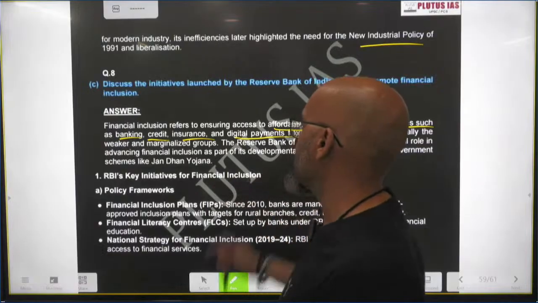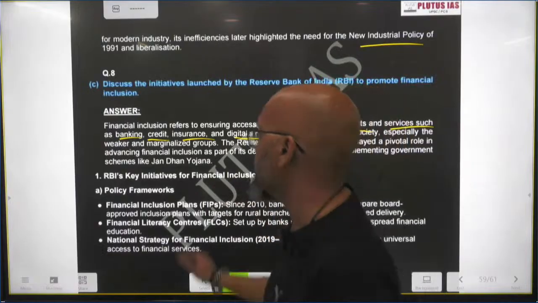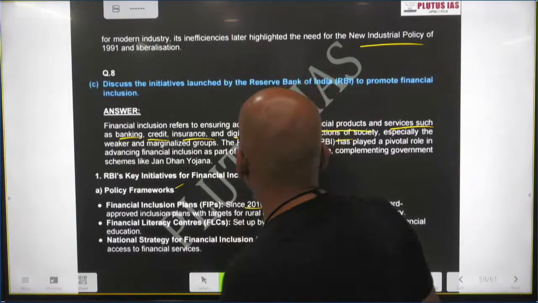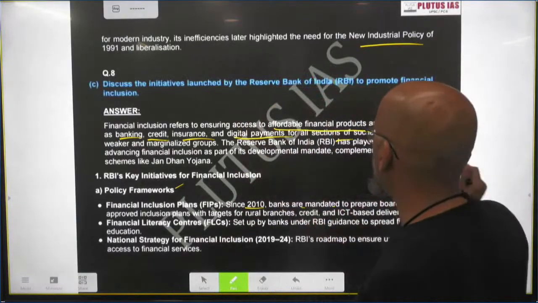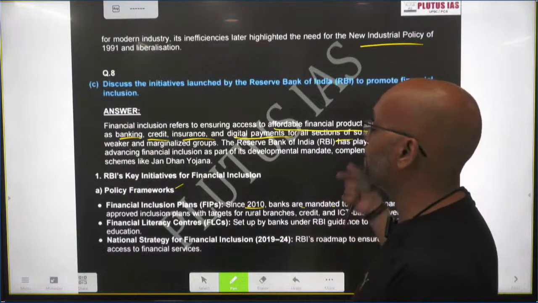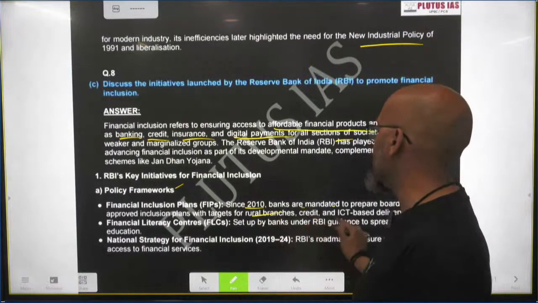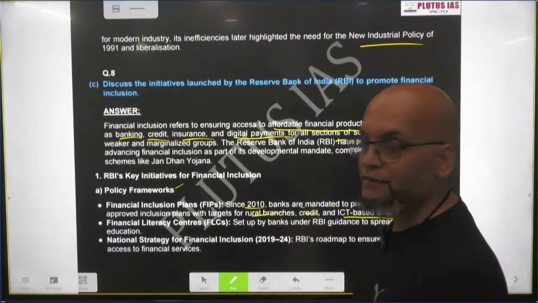RBI's key initiative for financial inclusion: policy framework, the financial inclusion plan. Since 2010, banks are mandated to prepare board approved inclusion plans with targets for rural branches, credit, and ICT based delivery.